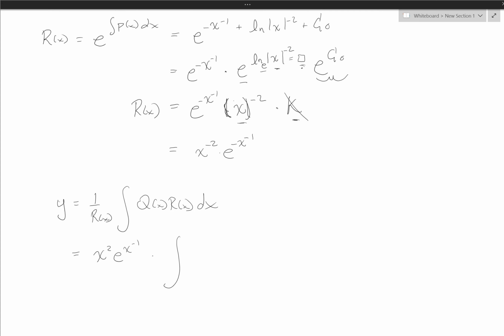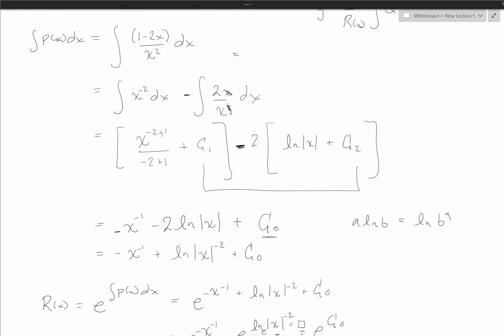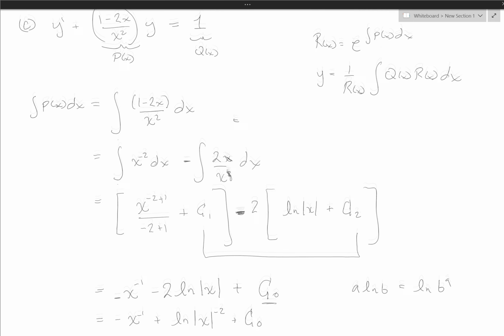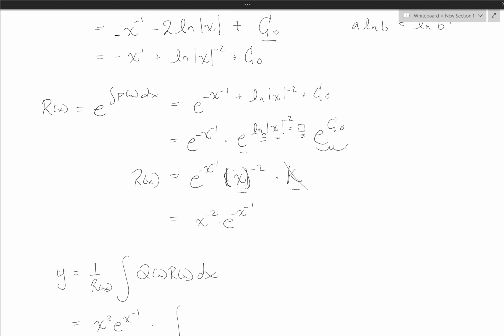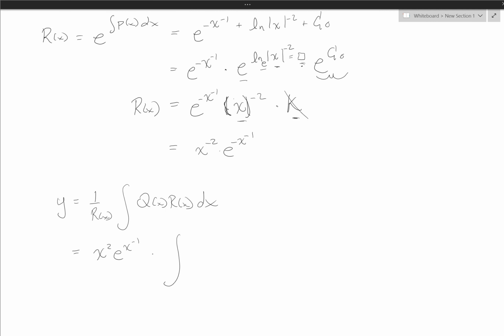What was q of x now? I forgot. Let's go back up to the top. It's just 1. Okay, so we don't have to do anything there. So now we're just doing 1 times this integral, so it's x to the negative 2, e to the negative x to the negative 1. Okay, this is the general solution.